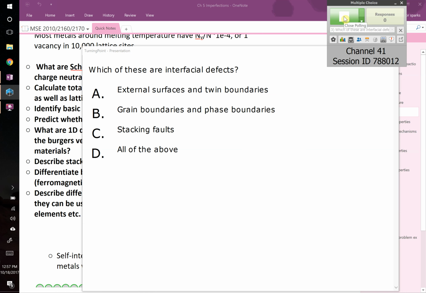That's amazing. Okay. Which of these are interfacial defects? External surfaces and twin boundaries, grain boundaries and phase boundaries, stacking faults, or all of the above? It's a pretty good guess.